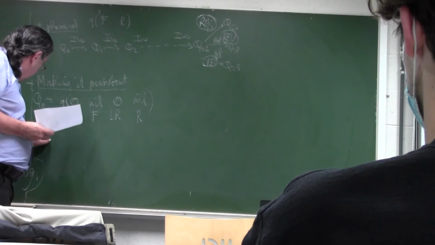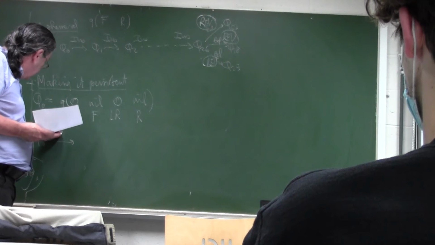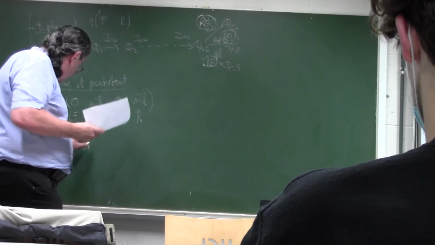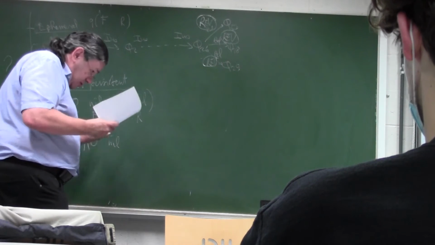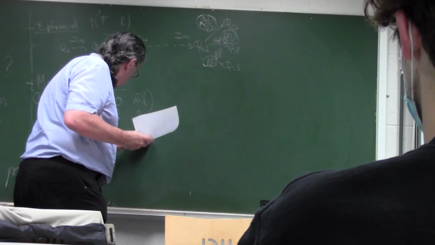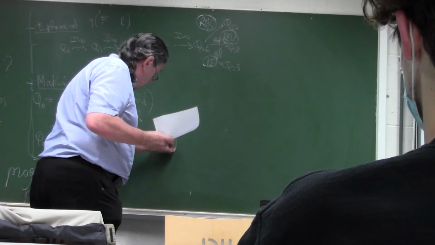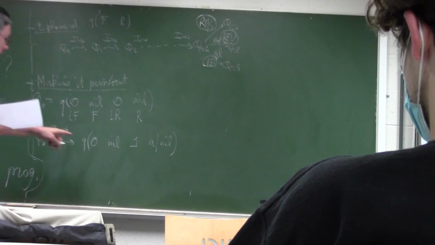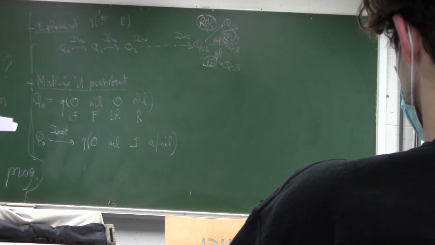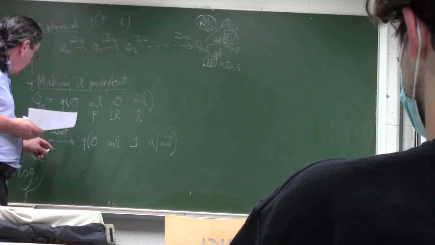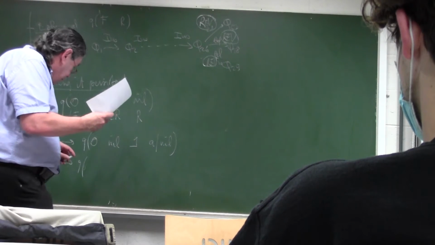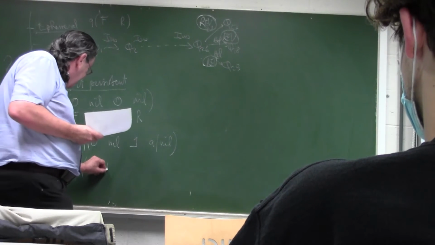So now we have Q0. Now let's insert. This gives us 0, nil, 1, A, nil. And now we can keep going. We can add more elements. At some point we'll need to do a check.